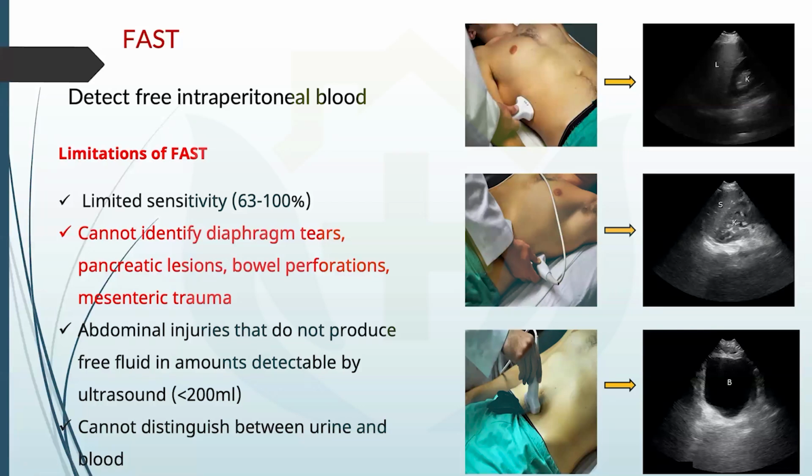The 4 areas are the hepatorenal pouch of Morrison, the left-sided splenic area, then the suprapubic area, and other than these 3 areas, the epigastrium obviously. And other than these 4 areas, if you are looking at the costophrenic angle, basically looking at the chest to diagnose pneumothorax or hemothorax, then it is called EFAST, extended FAST.